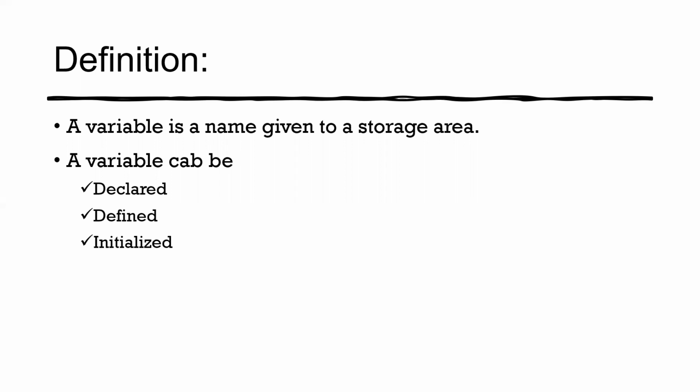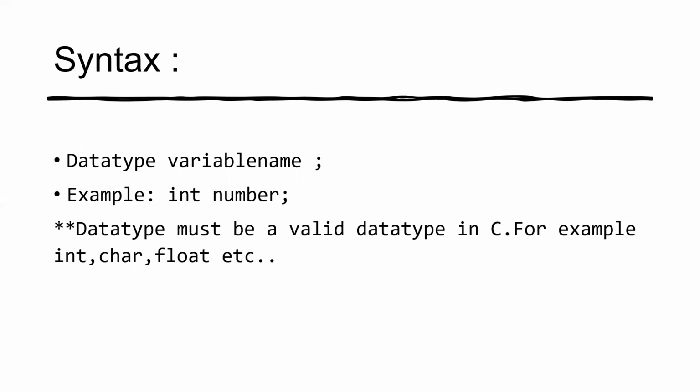So a variable can be declared, defined and initialized. Now let us see what is the syntax of a variable declaration. To declare a variable, first we have to write its data type, that is integer, floating or character type.